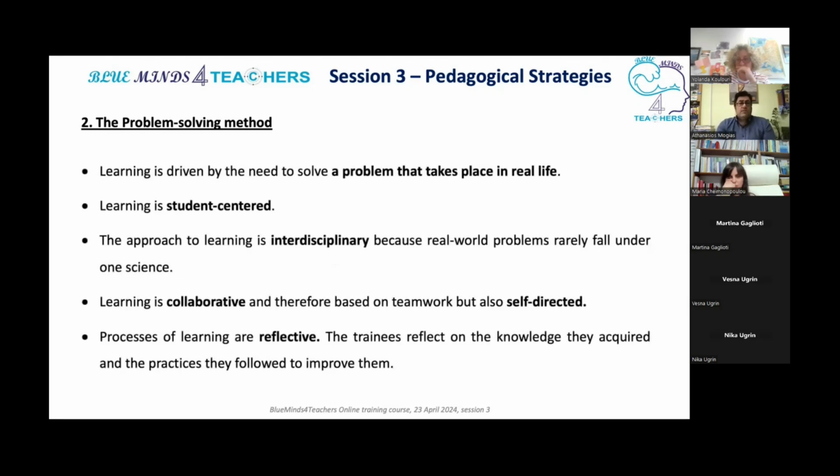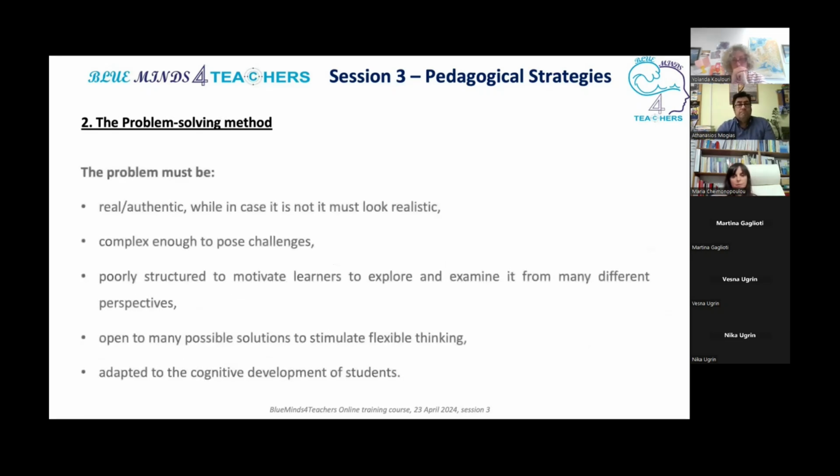According to this strategy, learning is driven by a problem that takes place in real life. If we don't have a real problem, we will meet this situation, and in other strategies, we invent scenarios of problems. Learning is student-centered, always. It is interdisciplinary. It is collaborative and self-directed, and it is reflective.